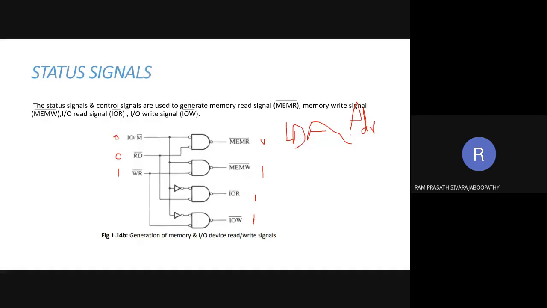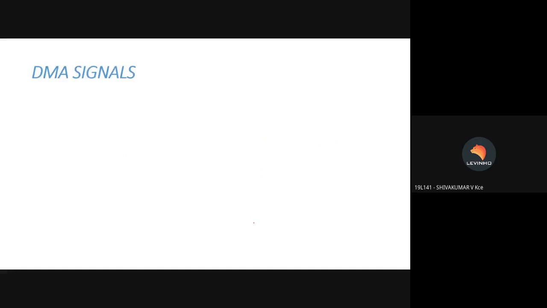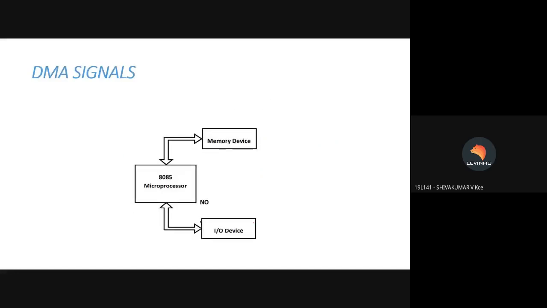Now we are going to see the DMA signals. Can anyone justify what is happening in this diagram? See, from this diagram, what you are able to understand, dear students, that's what Shivakumar is asking.